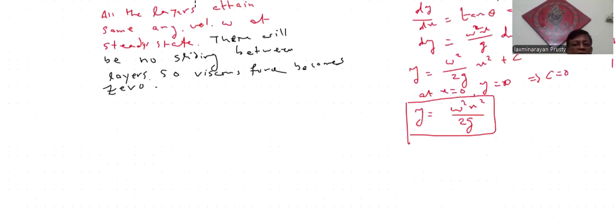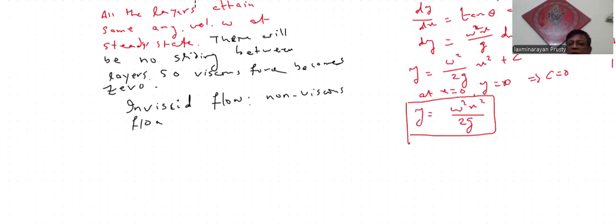So this becomes an inviscid flow. Viscosity is still there. It is a real liquid, but viscous force is not acting in the flow condition. Non-viscous flow. So viscous liquid, but flow is non-viscous.